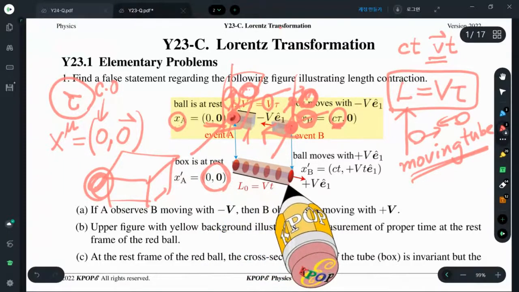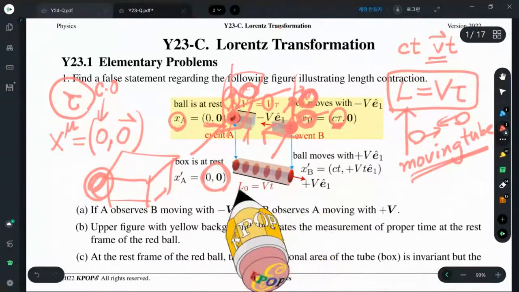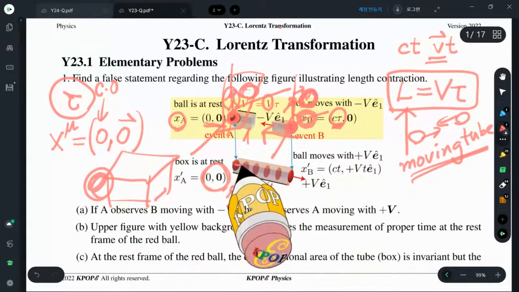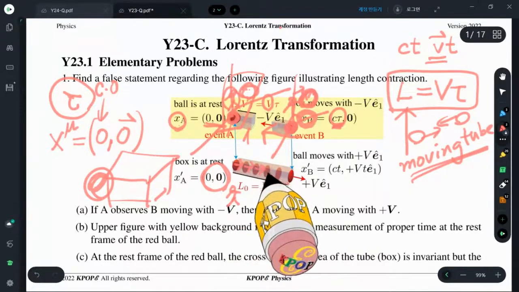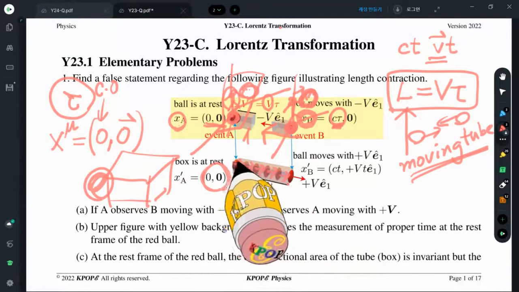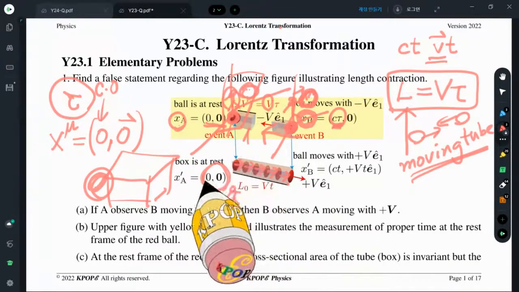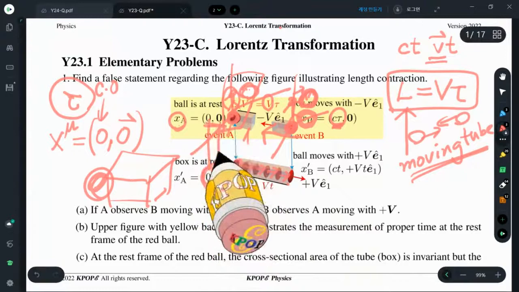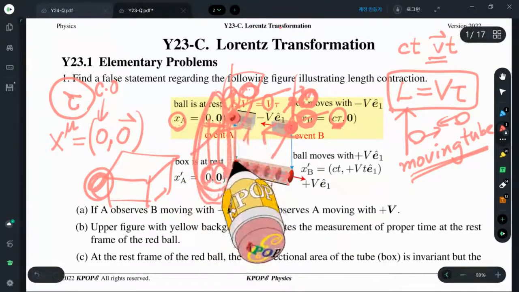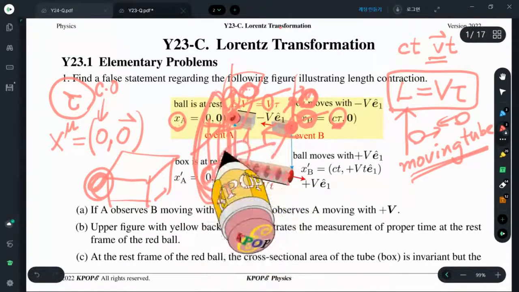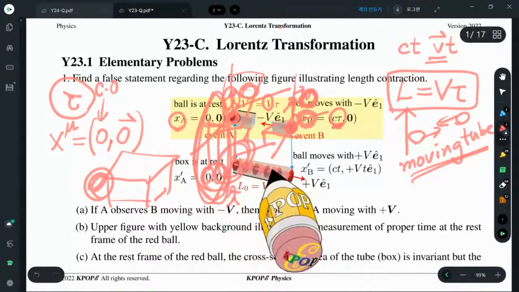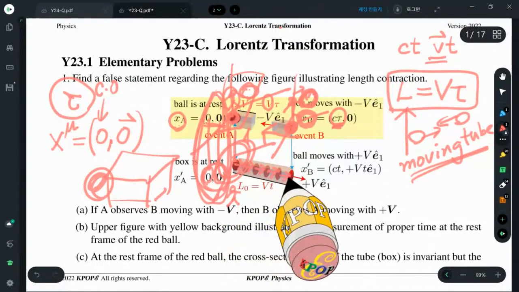At the rest frame of this tube, your friend is standing here and watches the moving red ball. And this red ball meets you, your friend, at the same point. These are all the same, synchronized, and the origins are the same. But here, the origin is fixed. And you're watching a moving red ball.